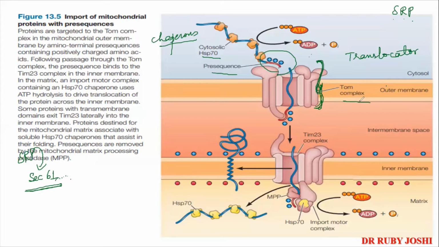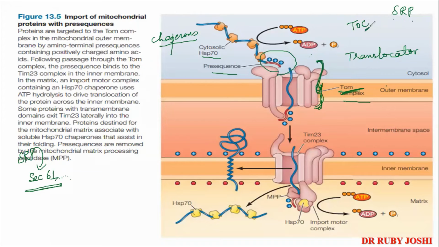So TOM stands for translocase of the outer membrane. So TOM is in your mitochondria, the same way TOC will be in the chloroplast, okay? If a C is coming, it means it is of your chloroplast. So it is the translocase of the outer membrane of your mitochondria.